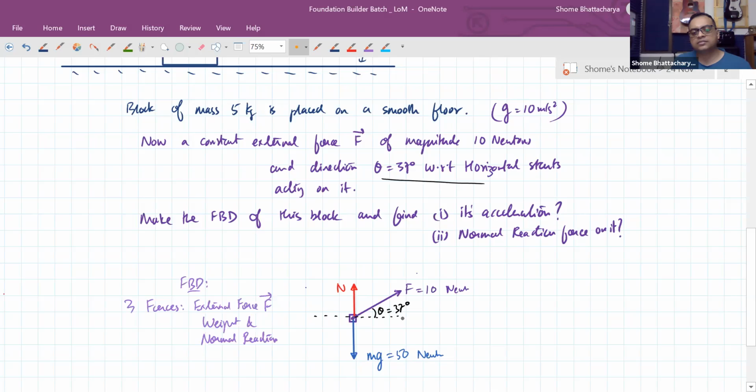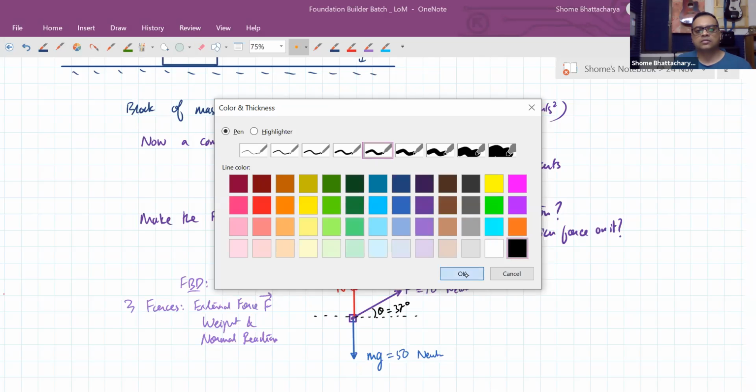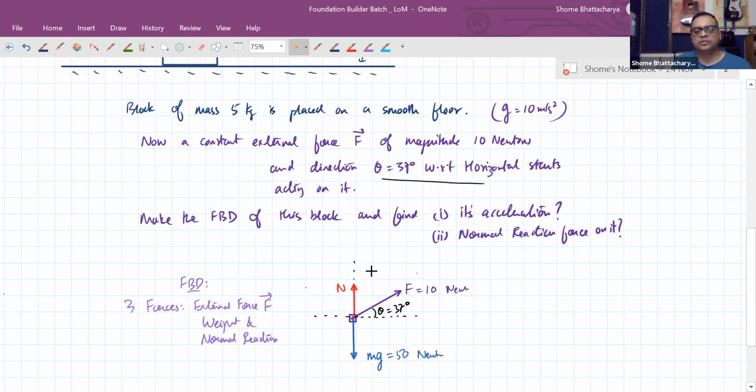So its acceleration will be along which direction? Its acceleration will be along the horizontal axis. So it will have some acceleration like this. Okay.